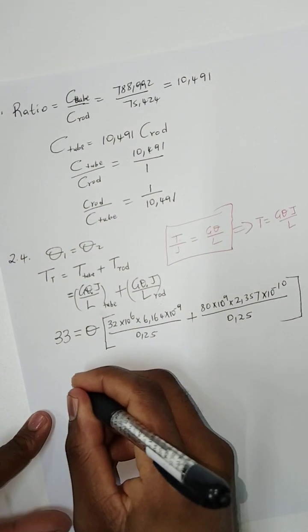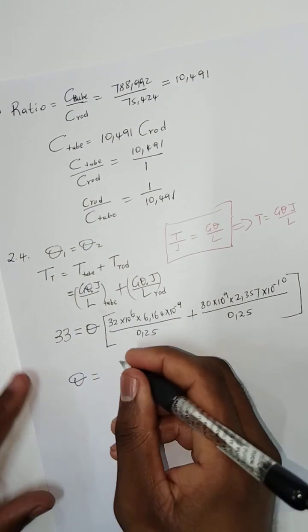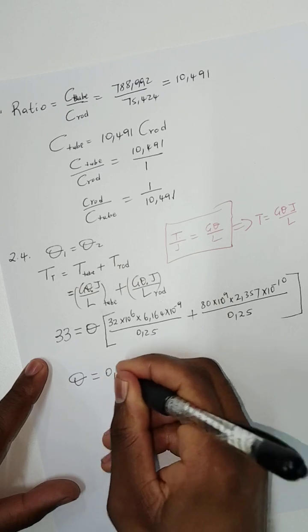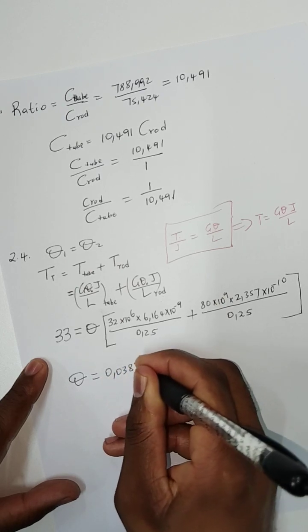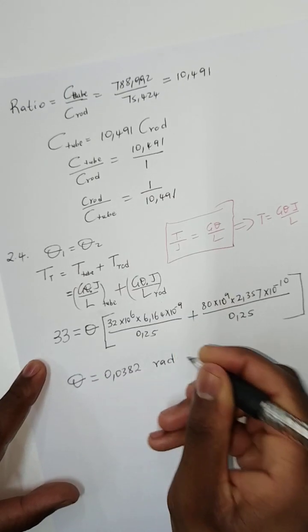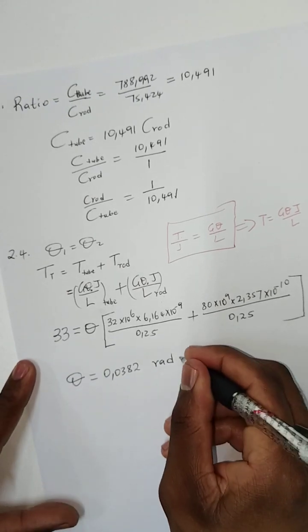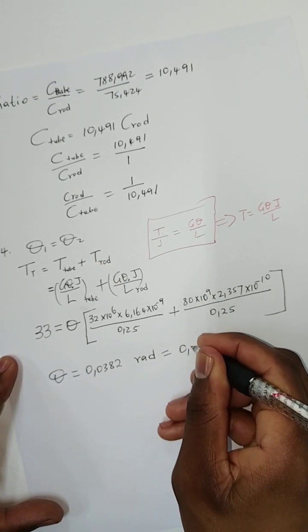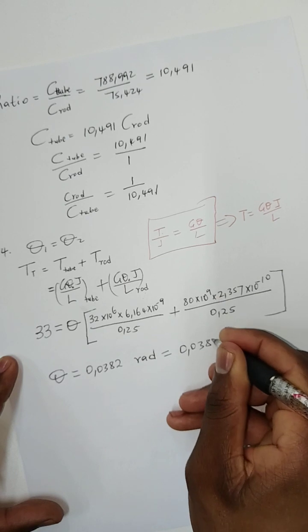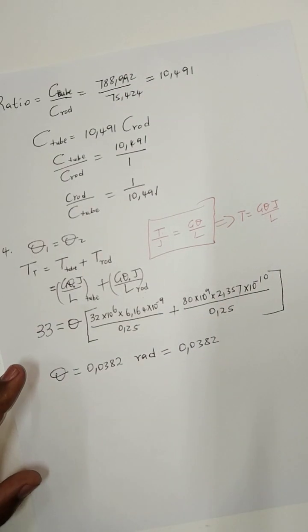Then you make theta the subject of the formula, and you will get 0.0382 radians. Then you convert that angle to degrees. Did they specify the angle of twist?